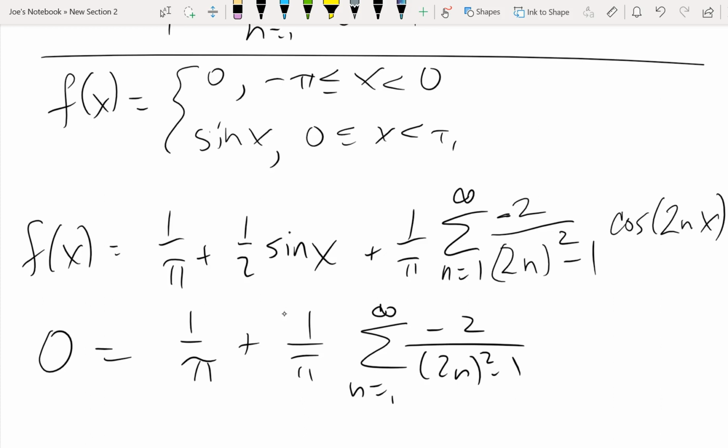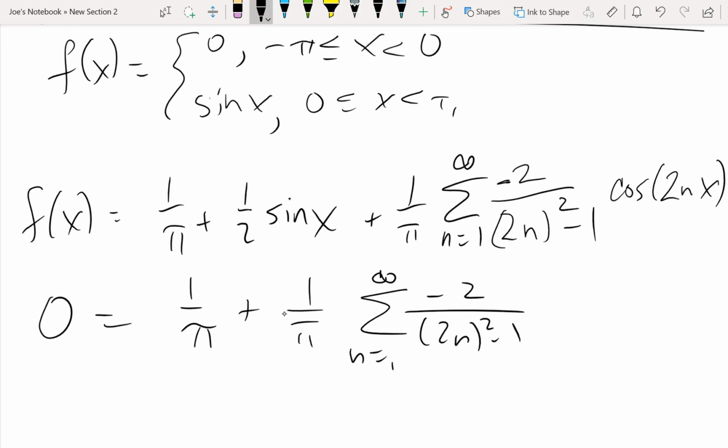Somewhere along the line I've missed a term, because things aren't canceling like they should. Somewhere there's a pi missing. I don't know where it is. I did this before I came to class too. If I move the series to the other side, something is off. What is missing? Now we write it as 2 over pi here.